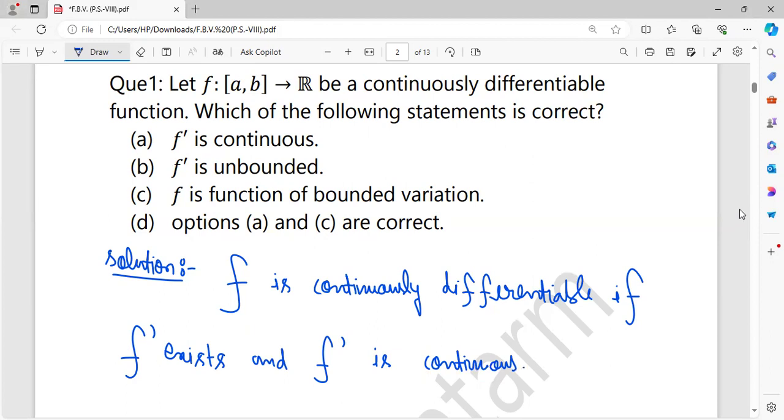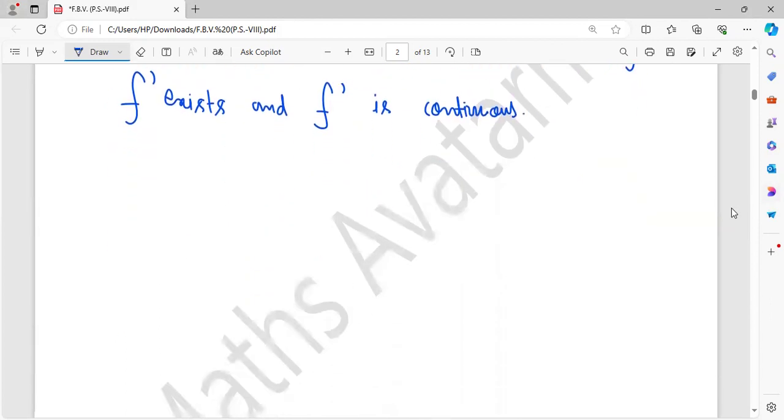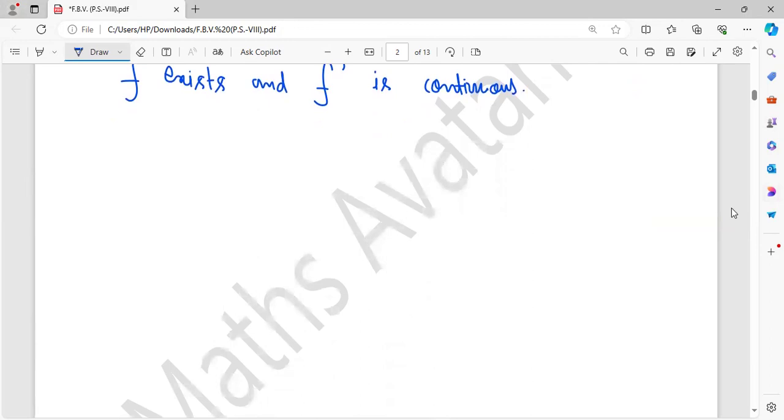And another thing is that we know f dash exists and f dash is continuous on the closed interval [a, b], because f is continuously differentiable.